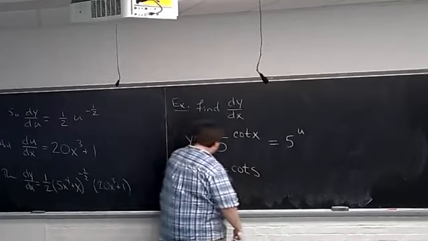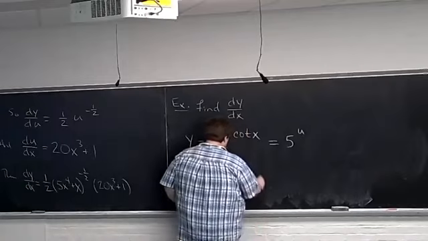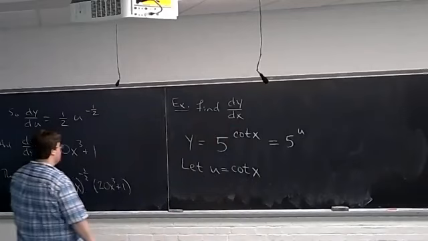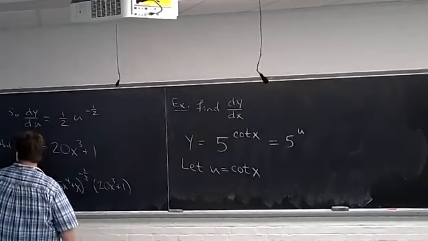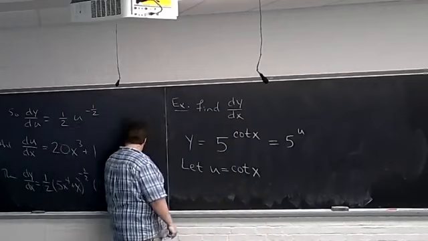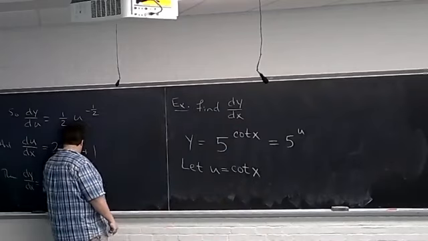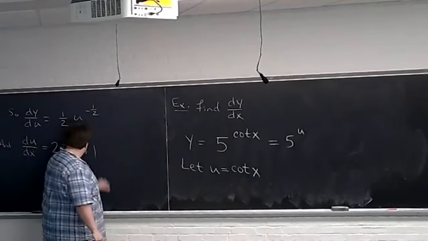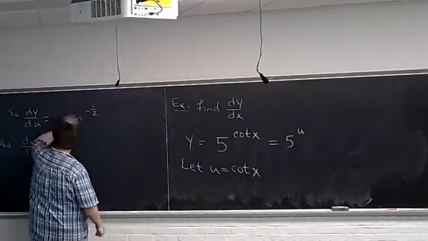That's not how you spell x. We can let u equal cotangent of x, so that y is 5 to the u. Well, then what do we have? Well, we have half of our work written over here.